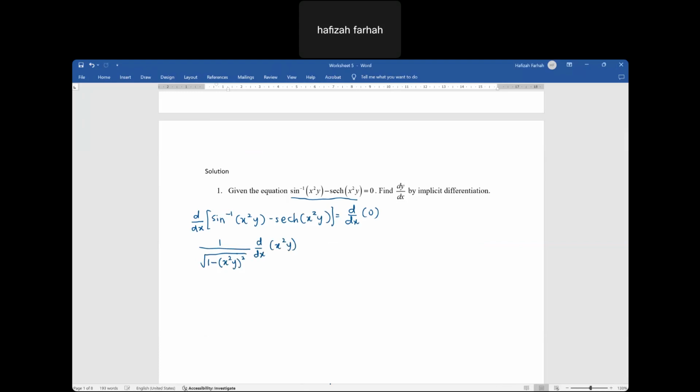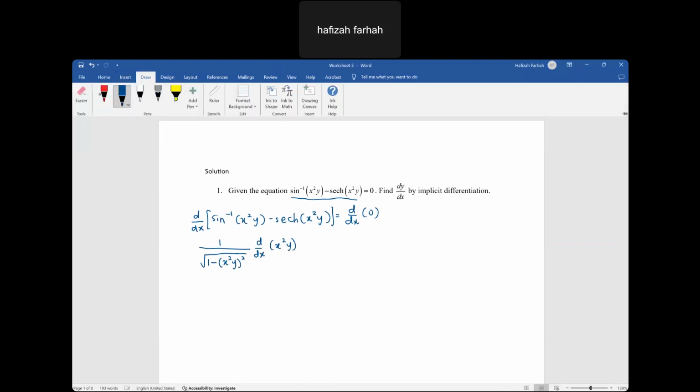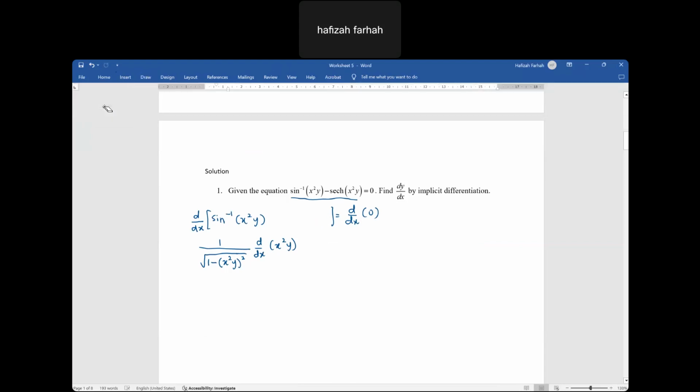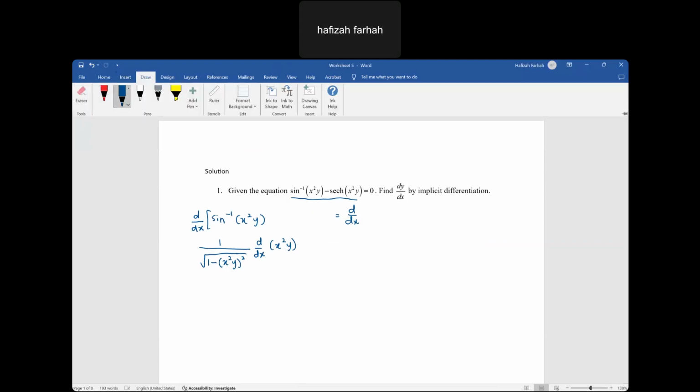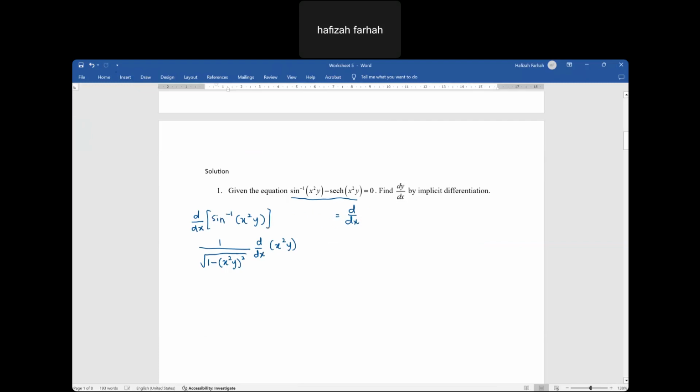To make it simpler, I will move this secant hyperbolic to the right. I'll do it now. I put this on the right side, so it becomes secant hyperbolic x squared y.